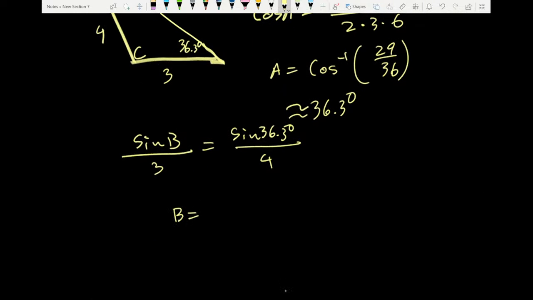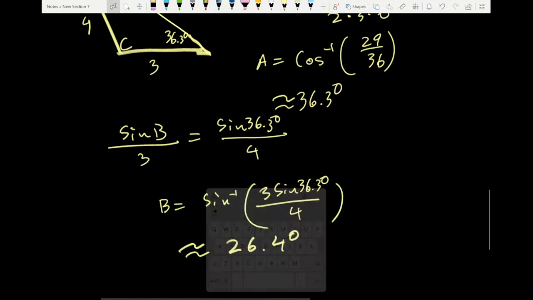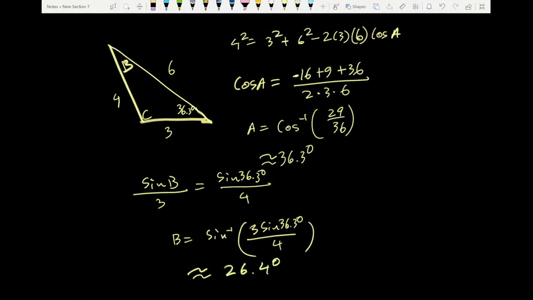So B equals sine inverse of 3 times sine of 36.3 degrees over 4. And roughly that angle will be 26.35 or something like that. We'll do 26.4. And once we get this angle to be 26.4, the other angle is super easy.